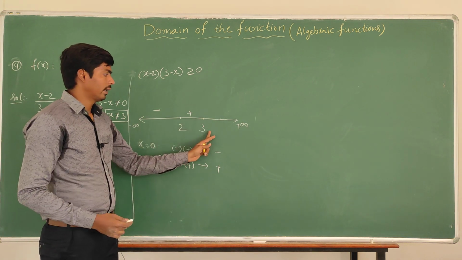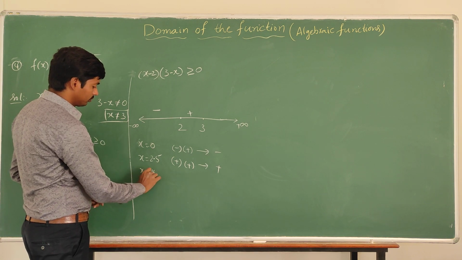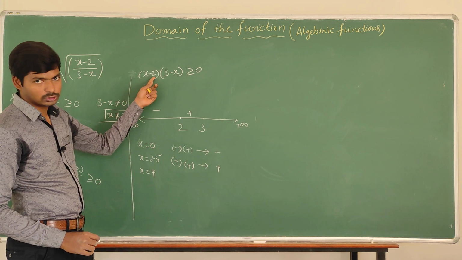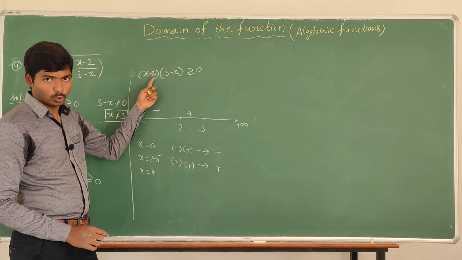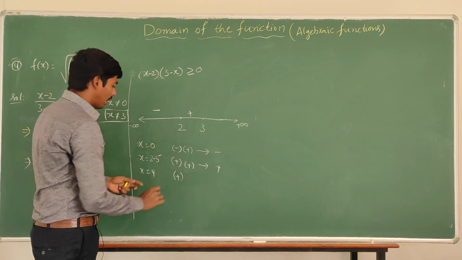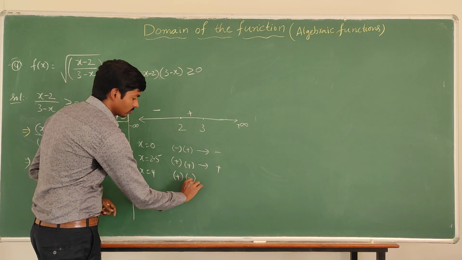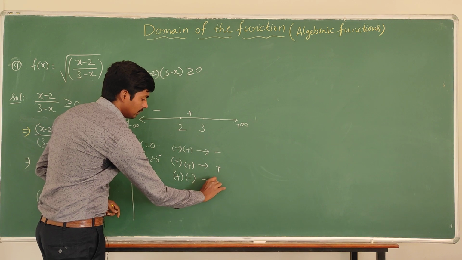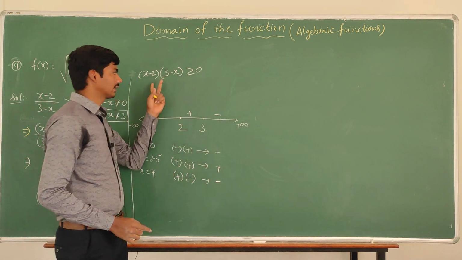Next, any random value in the last interval, so x equal to 4: 4 minus 2 is 2, positive, and 3 minus 4 is minus 1, negative. So for all the values in this interval, my product is negative.